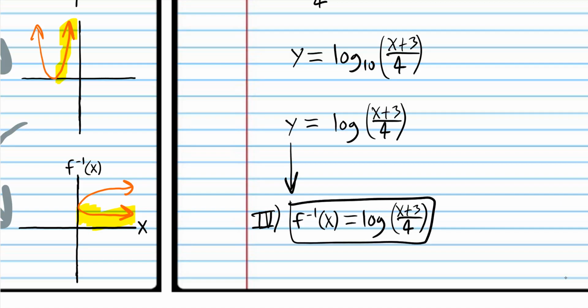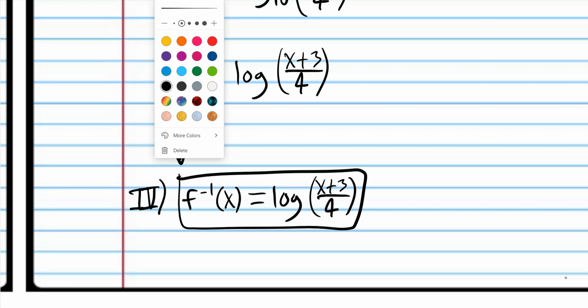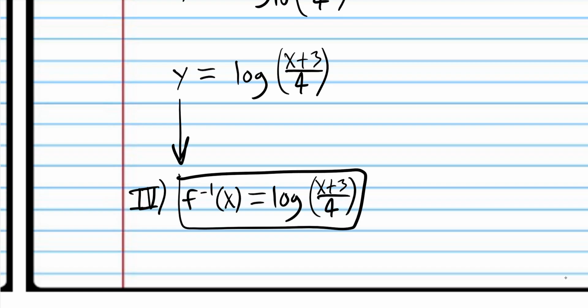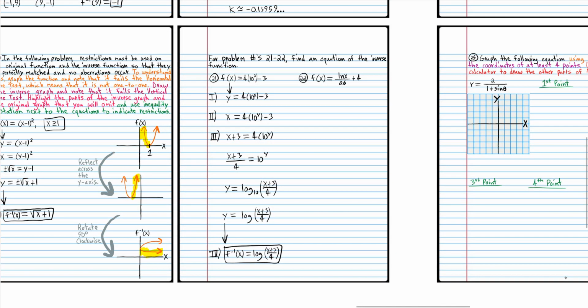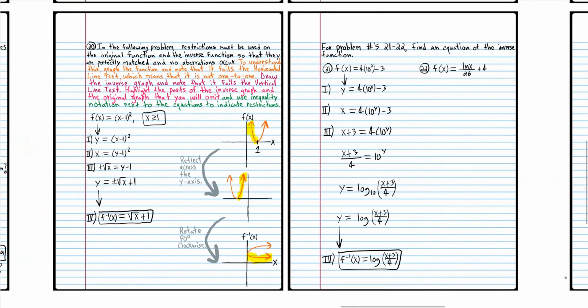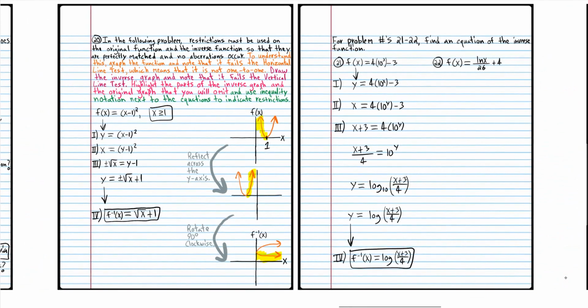And there you go. Okay. So that's the inverse function. So if you got that right, excellent. Go ahead and try number 22. Do the same thing for 22. And when you come back, we'll do it together.